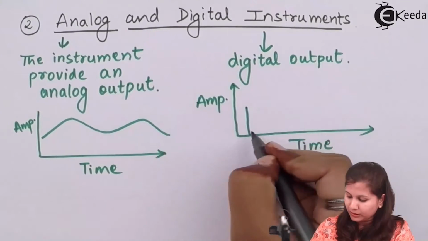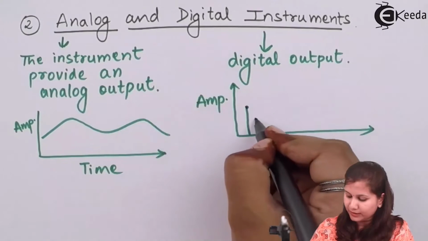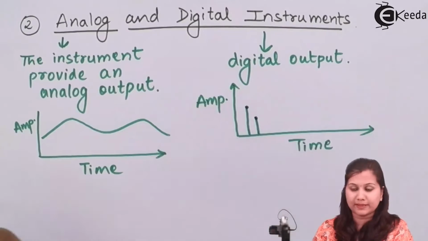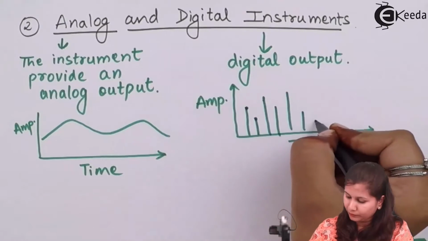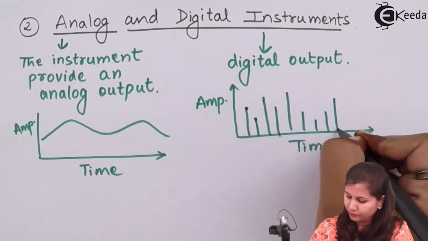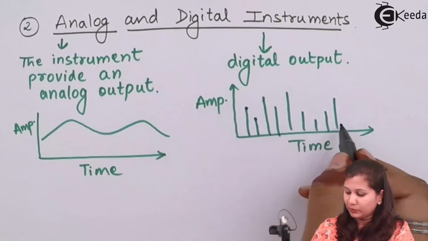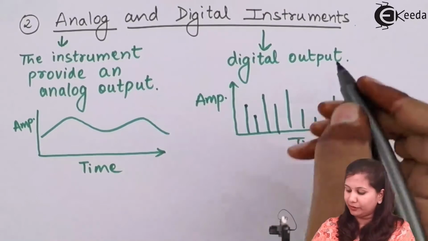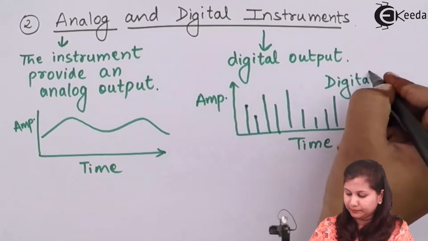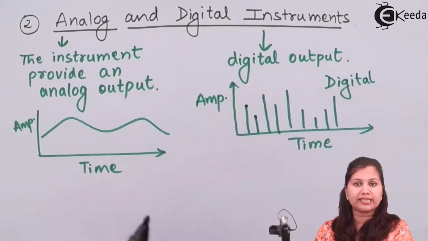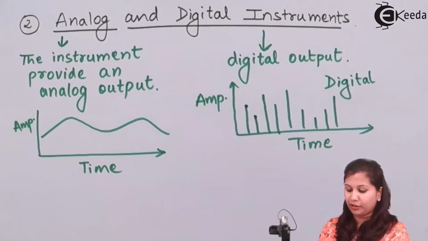Suppose at this instant its value is this, at this instant its value is this. If in this way the signal is changing, that will be called a digital signal, that means in the form of discrete steps.